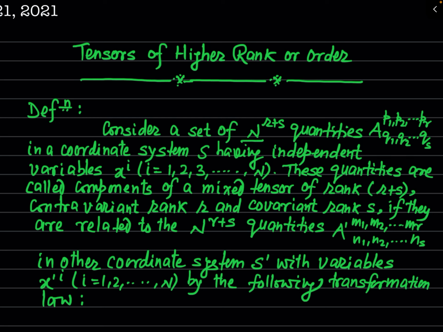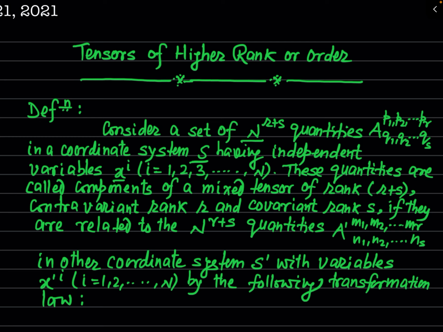Actually, these n to the power r plus s quantities are in a coordinate system S, and in this coordinate system S we consider the independent variables are x^i, where i is 1, 2, 3, 4 and so on up to n.